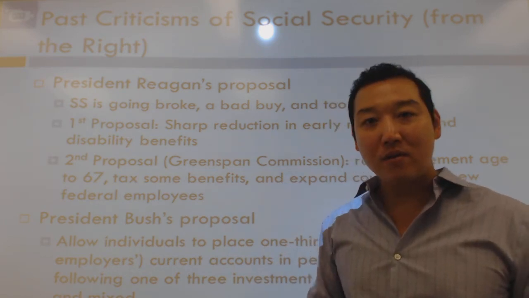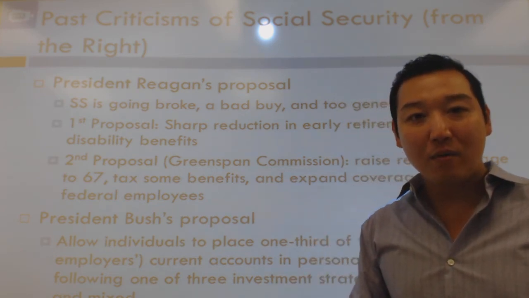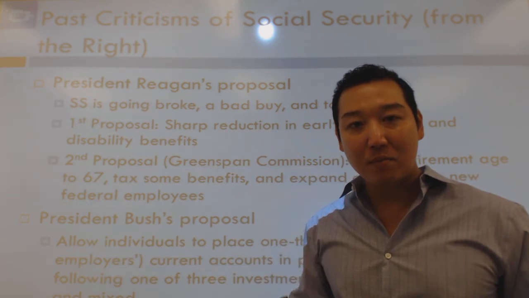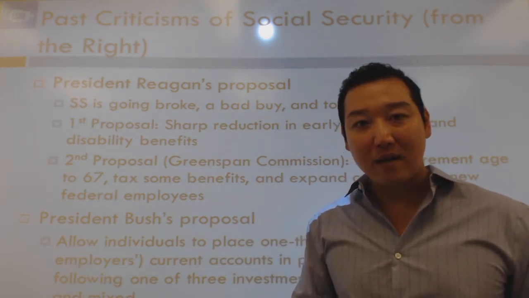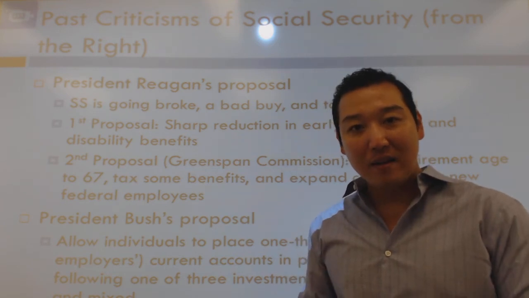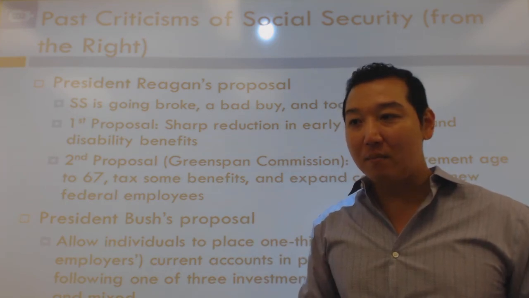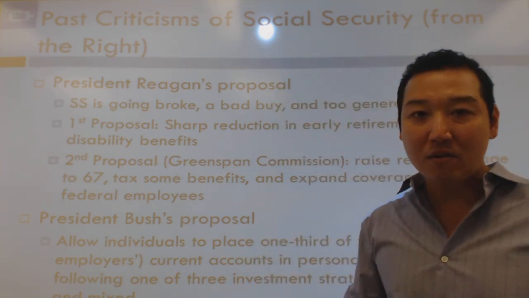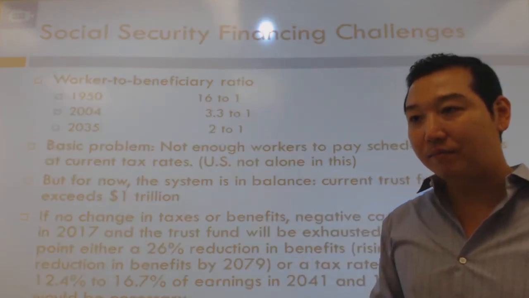Most recently, President Bush proposed back in the early 2000s that we replace the system altogether, that workers should be able to take out 1/3 of that 6.2% tax and invest it in private accounts, but that never really gained any steam. But note that many of these criticisms actually have been taken into account by the commissions that are put together in resolving the financing crisis.